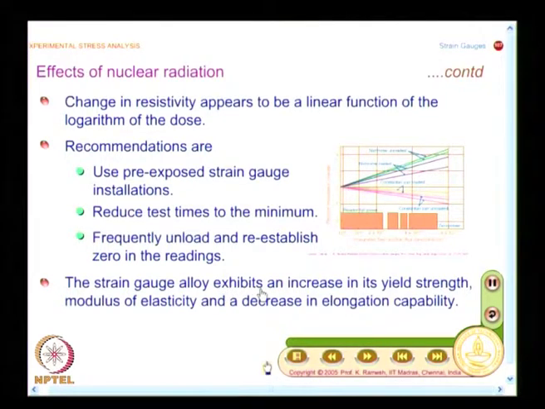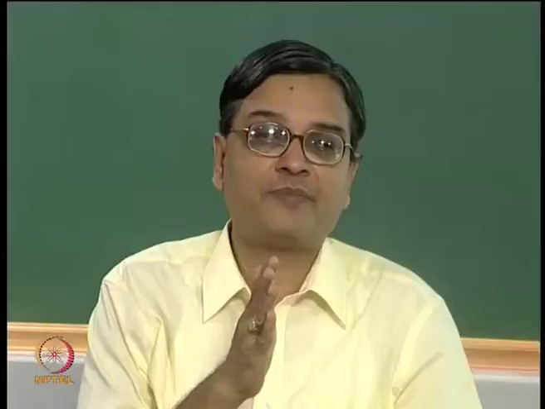You need to look at this, surprisingly: there is an increase in its yield strength as well as its modulus of elasticity. Normally, many of your heat treatment approaches or alloying will improve the yield strength, no doubt, but none of these operations will modify the elastic modulus.